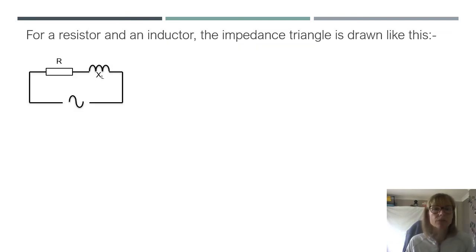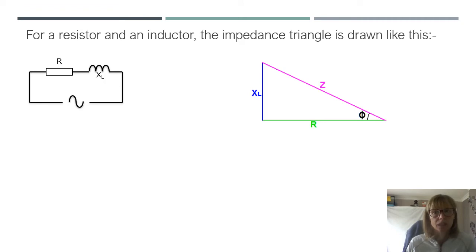Okay, so here we have a resistor and an inductor in a series circuit. And for this example, the impedance triangle is drawn like this. We have phi, our phase angle here. We have our resistance.